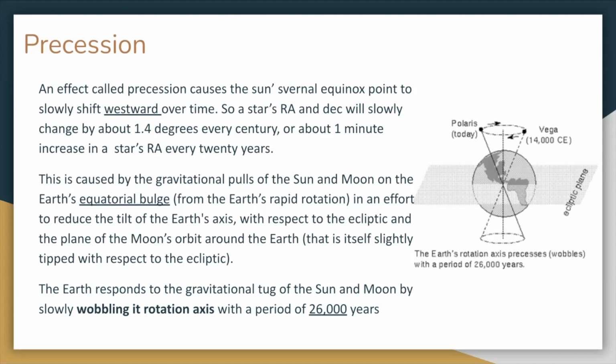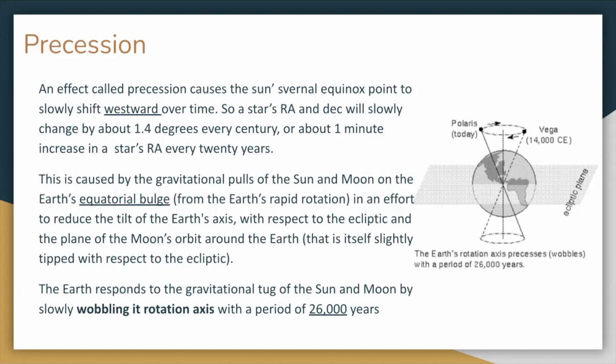The Earth isn't a perfect sphere. It's a little bit lumpy and it's got a kind of a bulge at the equator. This equatorial bulge is pulled on by both the sun and the moon. And these opposing forces on the Earth are part of what makes it wobble, particularly the moon, because the moon doesn't orbit the Earth in the same plane.